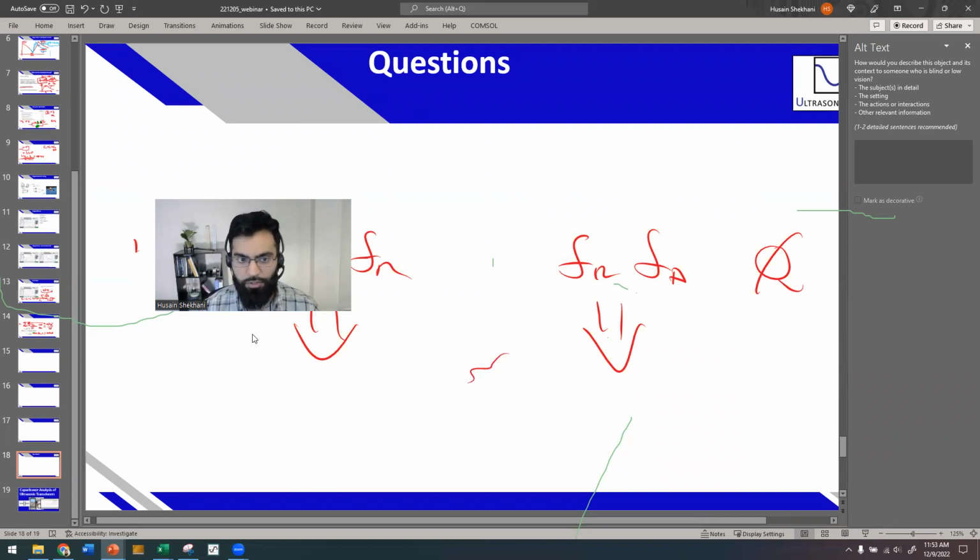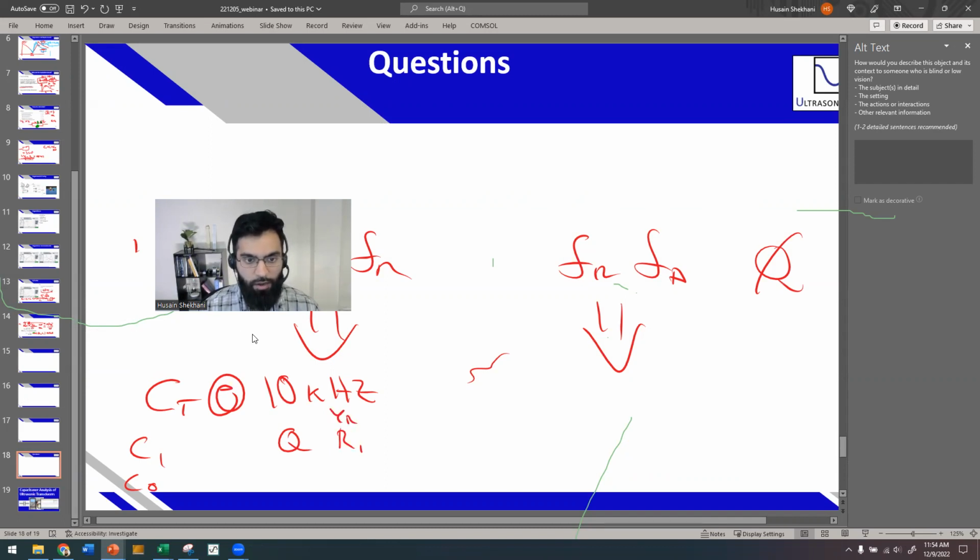Sometimes this happens. So the question was asked, how do you calculate the total capacitance? That was the capacitance at 1 kilohertz or 10 kilohertz, as I did, off resonance. And then how did I get C1 and C0? I actually measured the Q factor. That's the first thing I did. And then the next thing I did was get R1 from the real admittance at resonance.